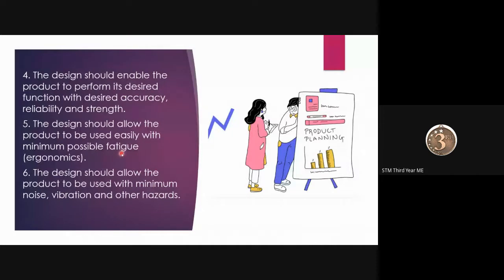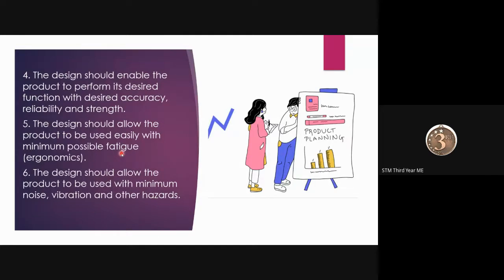But with an Ambassador car or a jeep, you have to give a sufficient amount of power to turn the steering wheel, and you have to turn it more to achieve that degree of turn. That is the difference. That is what is meant by fatigue. You have to design the product in a simple way, and it must not be tiresome for the people using it. That is another objective of product design.